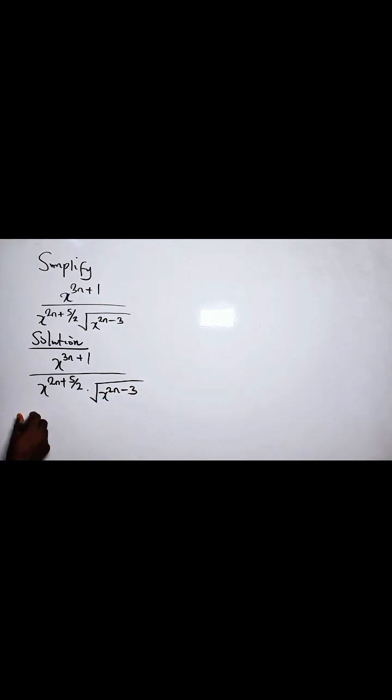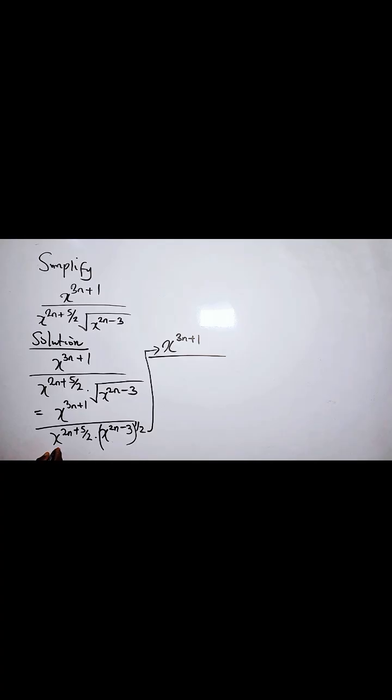So we can write this expression as, for the denominator, x to the power 2n minus 3, and for the square root, we have it as the power 1 over 2. So we have x raised to power 3n plus 1, which is the numerator, divided.